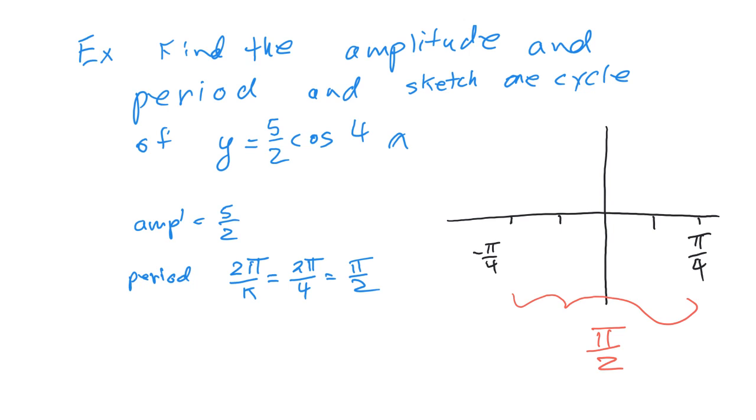So now we have to go and sketch what's happening along the y-axis. So this is 1, this is 2. 1 and 2, and we'll do the same for the bottom. -1 and -2.